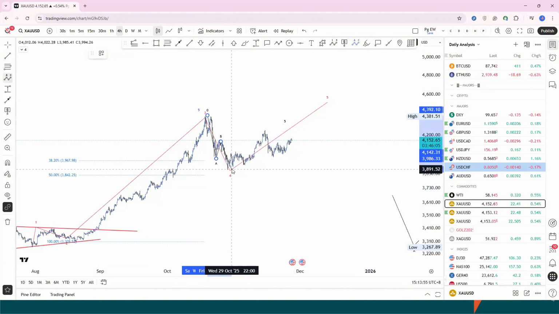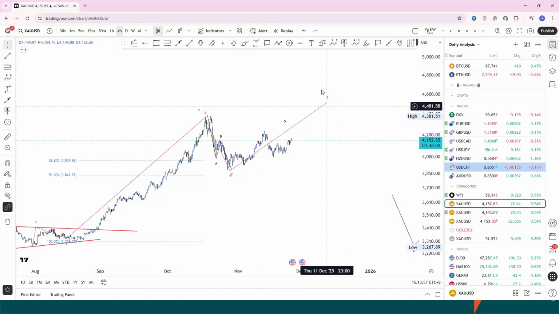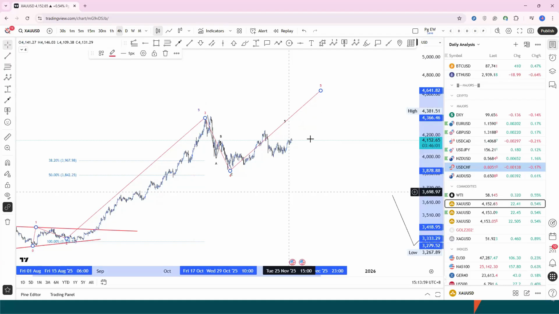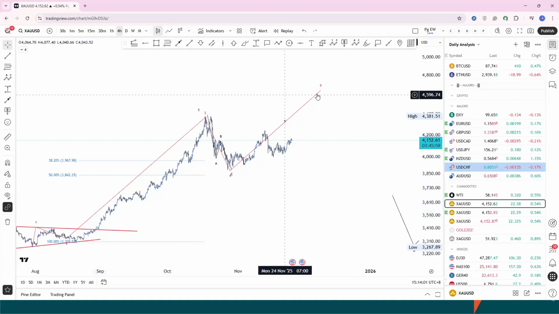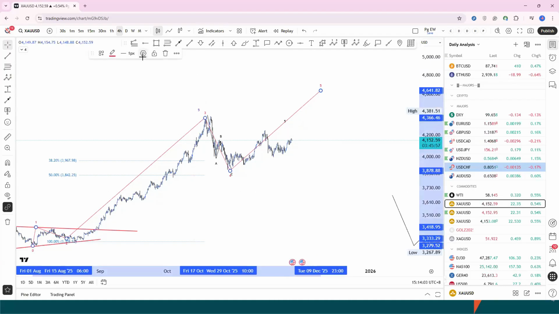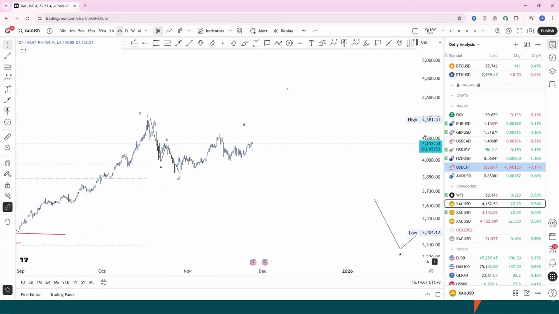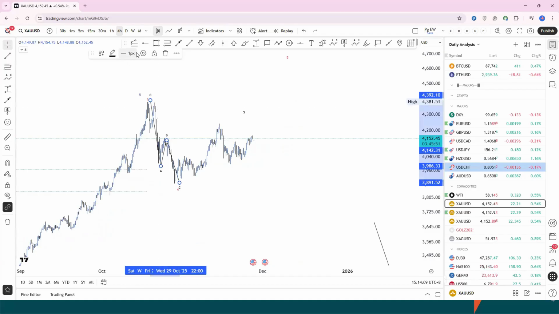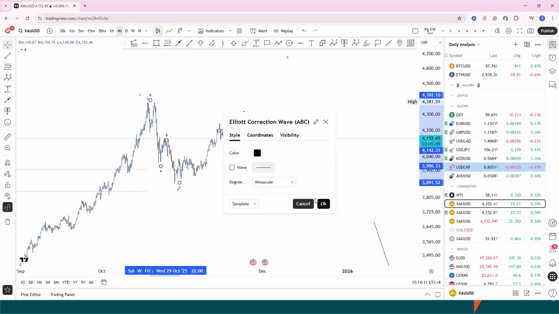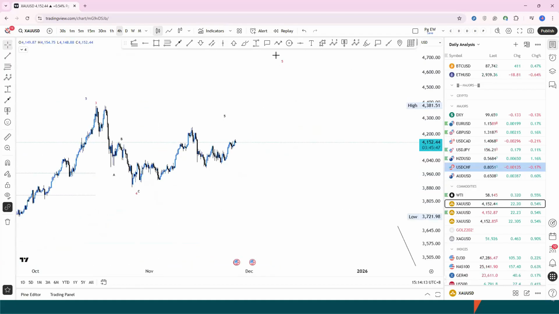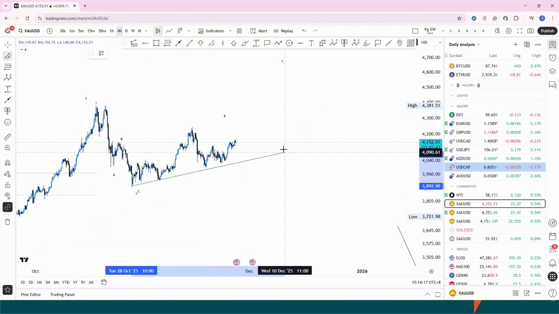A, B, C here. Okay, if this is going to be my wave 4, I remove this. I have two scenarios here, meaning that if this is an ABC, now we're going to use the channel to help us count the wave. This is going to be something like that.